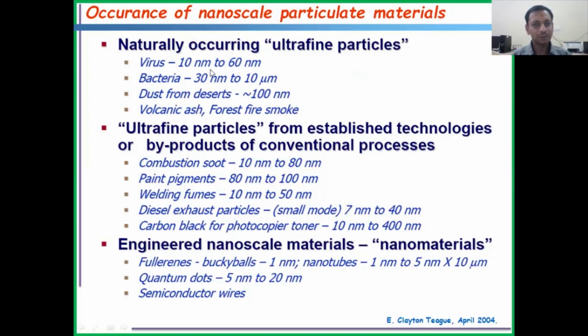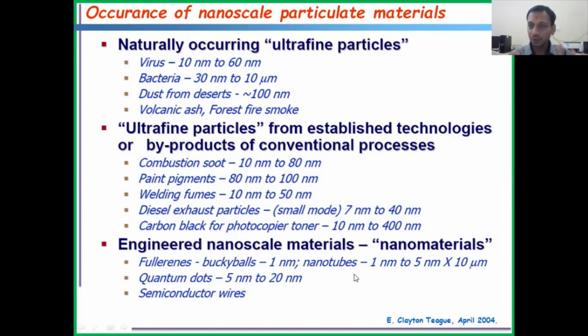Viruses are from 10 nanometer to 60 nanometer. Bacteria are 30 nanometer to 10 micron sometimes. Dust from deserts, fine dust, has a size of around 100 nanometer. We have different examples: combustion soots, paint pigments, these are also in nanometer. Diesel exhaust particles are also in nanometer size. People already analyzed and observed this. Fullerene, as we just discussed about the buckyball, is around 1 nanometer in size, and nanotubes vary.